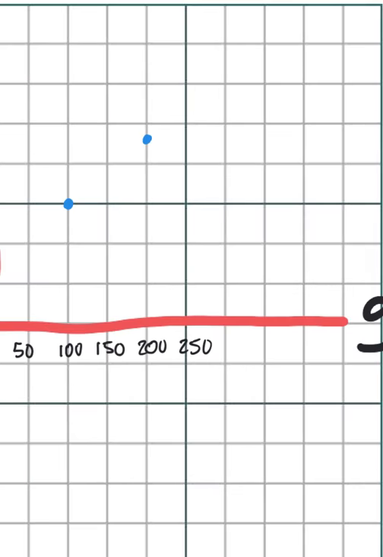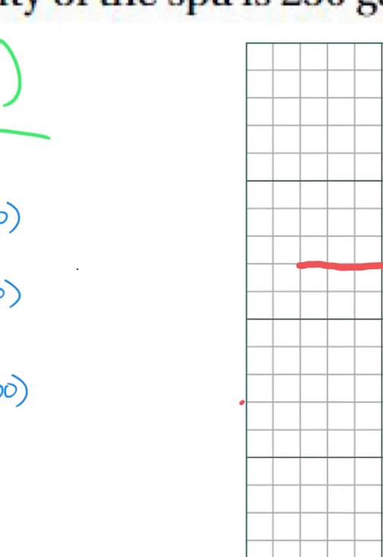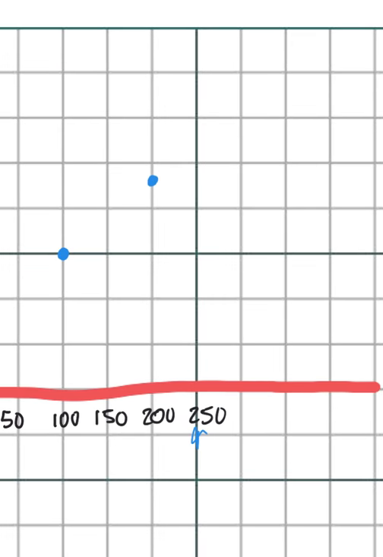And then our last value is 250 for G. That's right here. And then we're going all the way up to 2,700. So if we go all the way up to 2,700, that's going to be in between 2,500 and 3,000, closer to the 2,500.